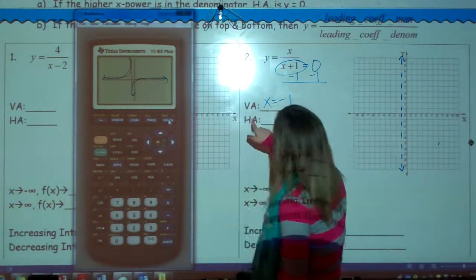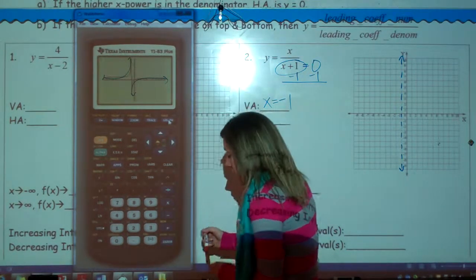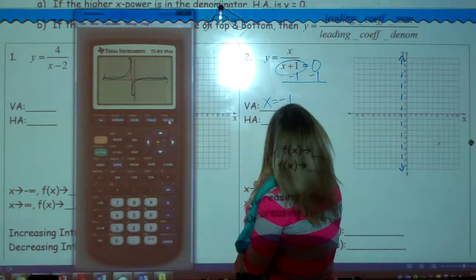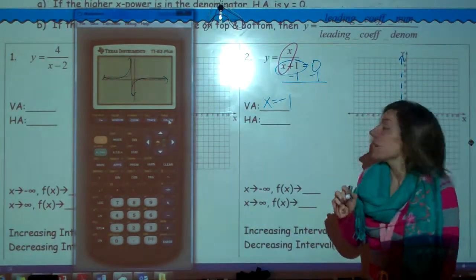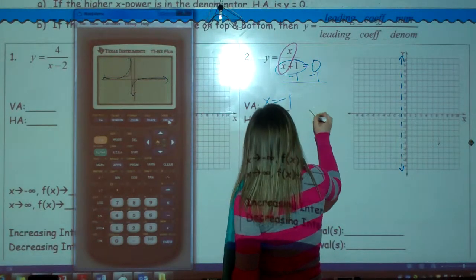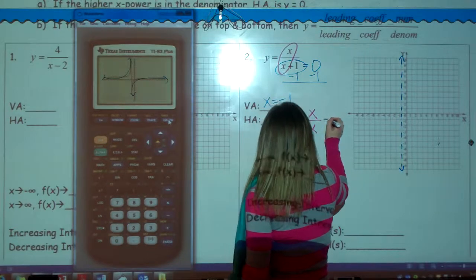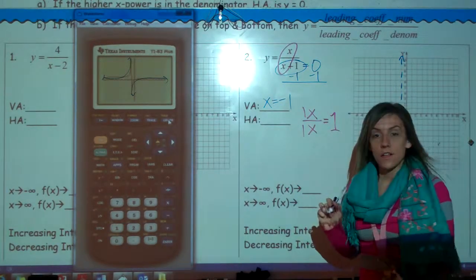And then remember, to get the horizontal asymptote, you want to look vertical. You kind of reverse them from each other, and you divide those x's. So to get the horizontal asymptote, what is x divided by x? Well, that's 1 divided by 1, so that's just the number 1.